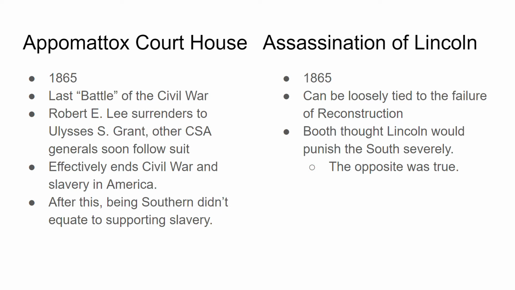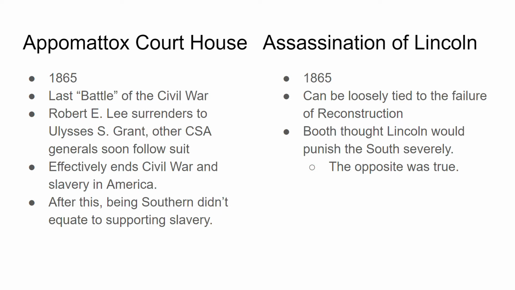Lincoln went really hard during the Civil War, harder on the South than most people expected him to, and so Booth thought that Lincoln was a tyrant. Those were some of the words he said when he killed Lincoln. Booth killing Lincoln is significant in that Lincoln didn't actually want to harm the South.